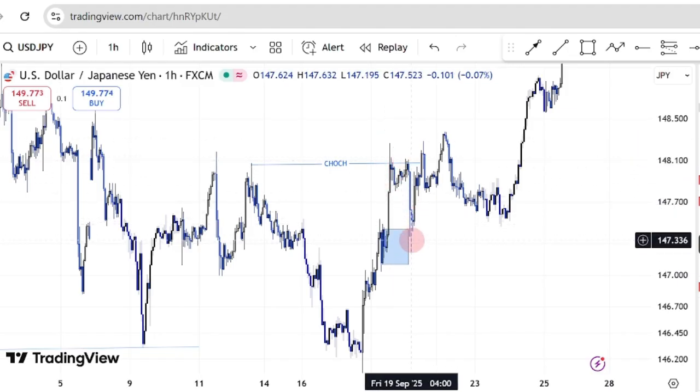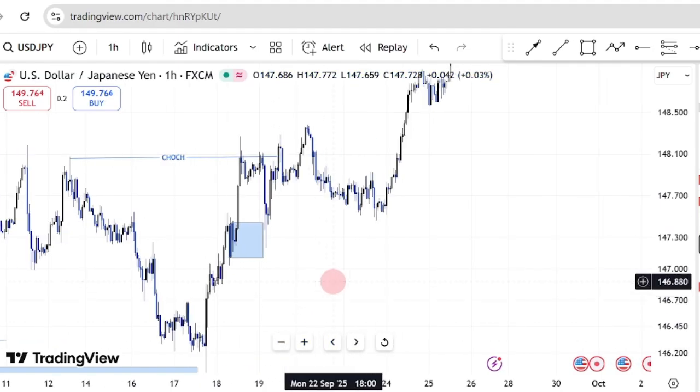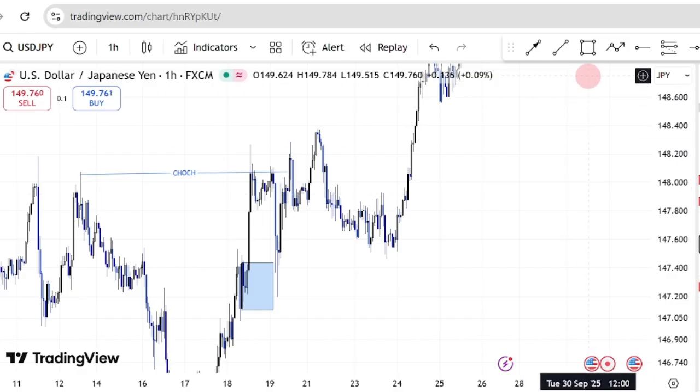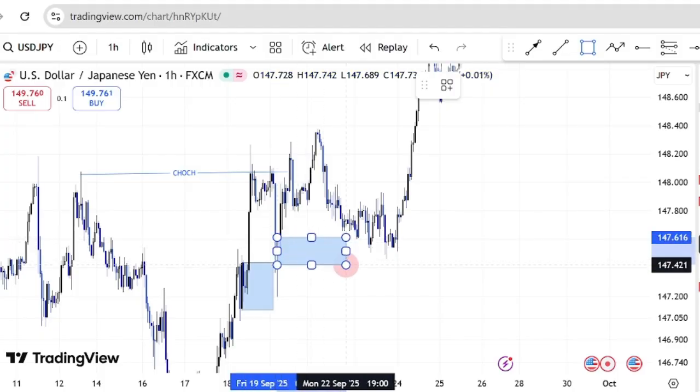So price tapped in, pushed up, giving us what? A change of character. When we had this change of character coming into this week, what did I do? I waited for the price to give me some form of inducement. So I went down to the 1 hour. What can you see? If you check on the 1 hour, this is what you have. This order block.